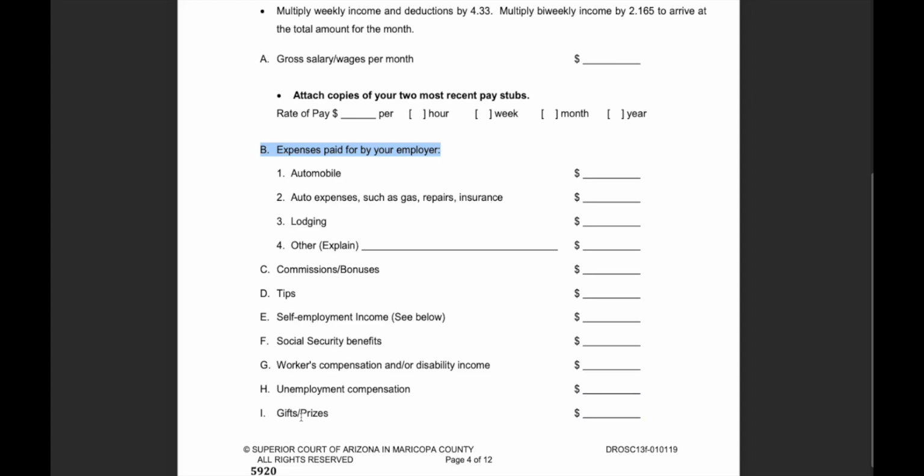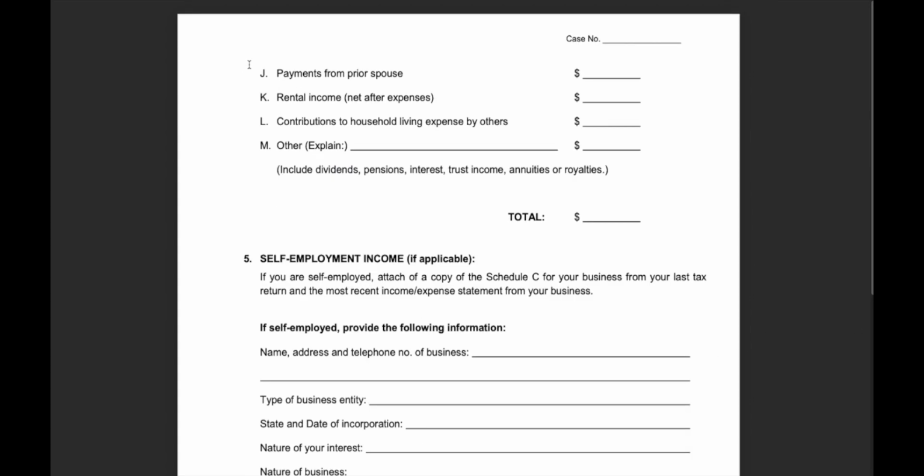Gifts and prizes, oftentimes we don't have an amount for this, as employers don't usually offer this. Payments from your prior spouse, so if you are receiving spousal maintenance, this is a section that you're going to fill in and provide that income.